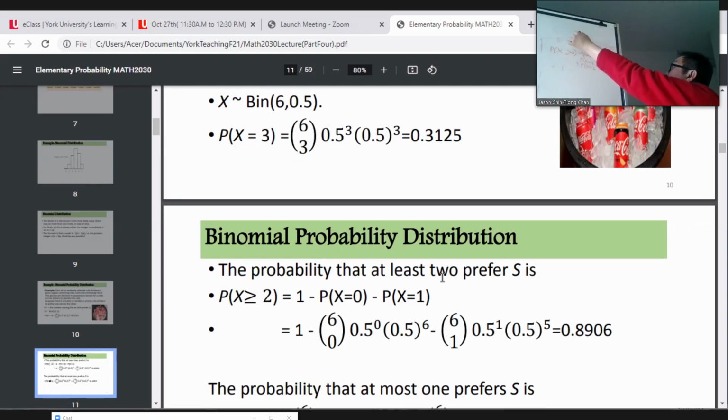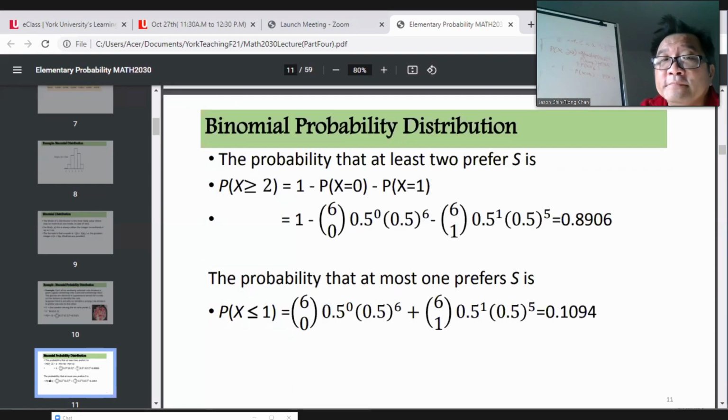So you take away this one, take away this one. So 1 minus x equal to 0, minus x equal to 1. Everyone agree? So we use complement. You see here, I use complement, so I get the answer faster. I only have to do it twice.